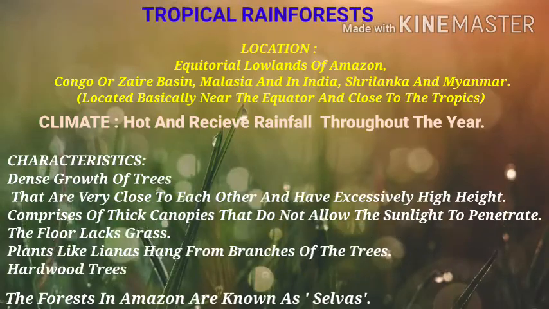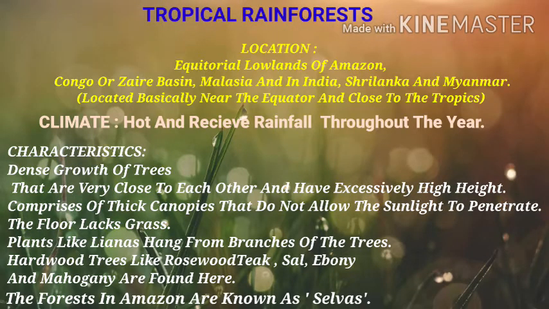So children, we will first start studying the tropical evergreen forests, also known as the rainforests. These are found near the equator and close to the tropics. These areas receive more sunlight, as a result of which there is a speedy flow of radiation which produces consistently high temperatures throughout the year.